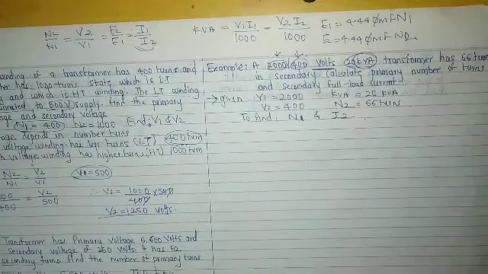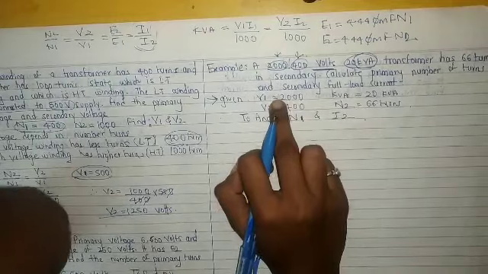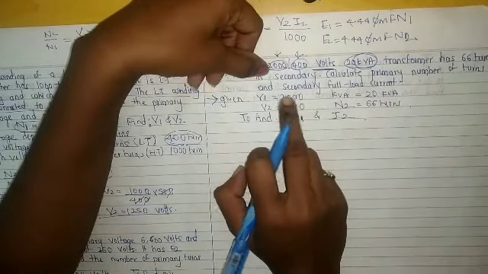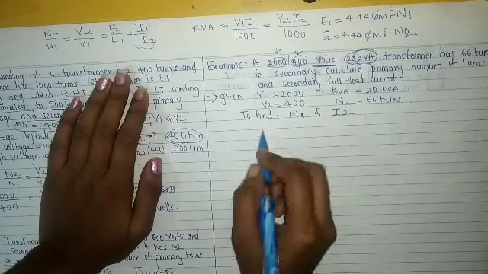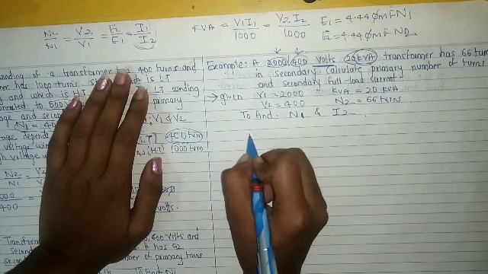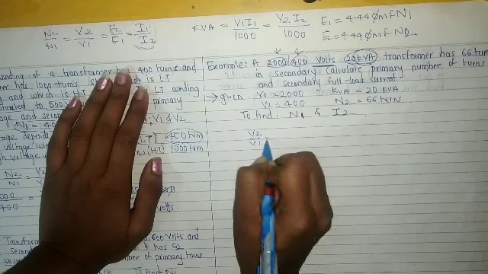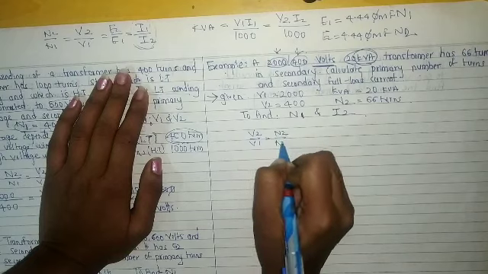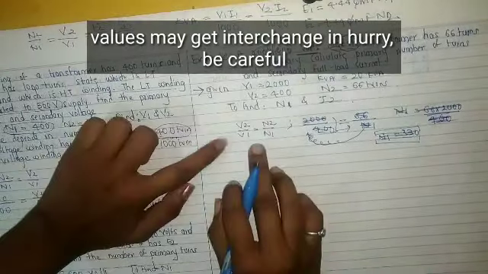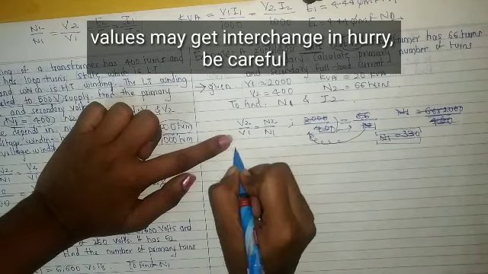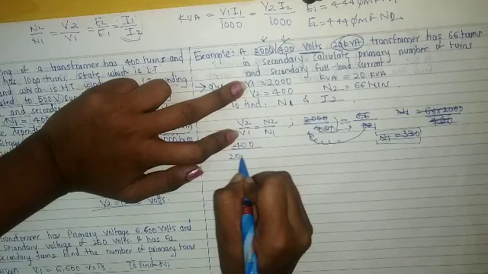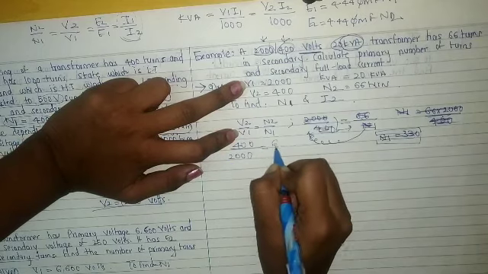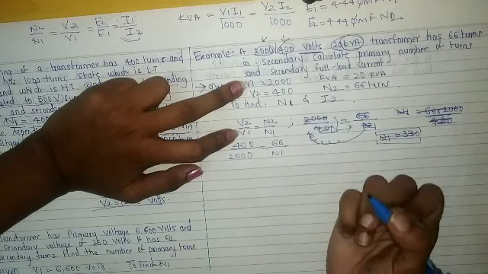Now we know V1, we know V2, right? Similar to this example, we can find N1. So first we will find N1. So V2 divided by V1 is equal to N2 divided by N1. So after substituting these values, what is V2? That is 400 divided by what is V1? 2000 is equal to N2, that is 66 divided by N1.